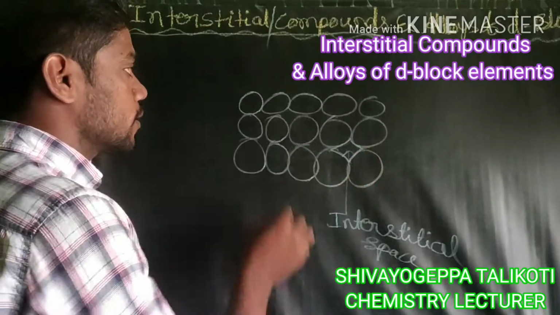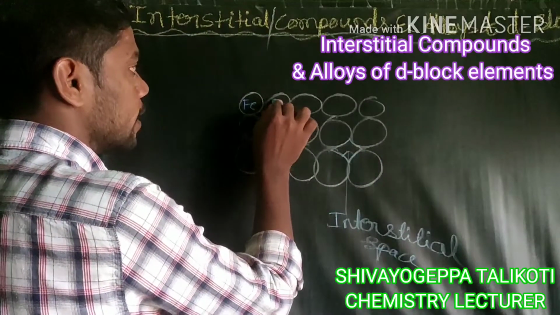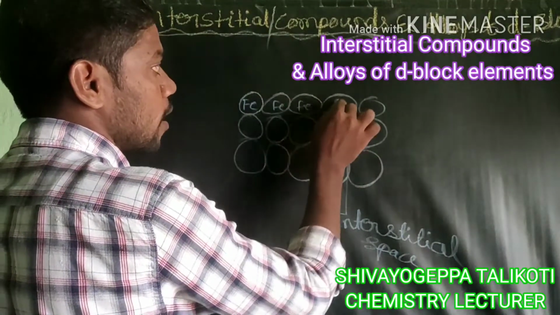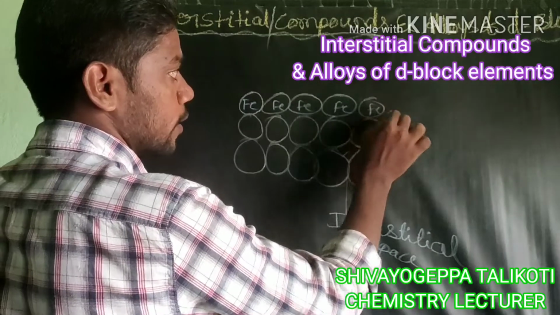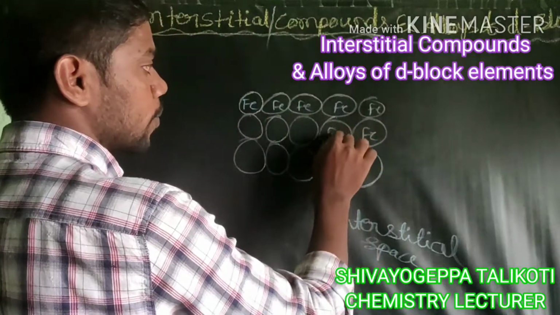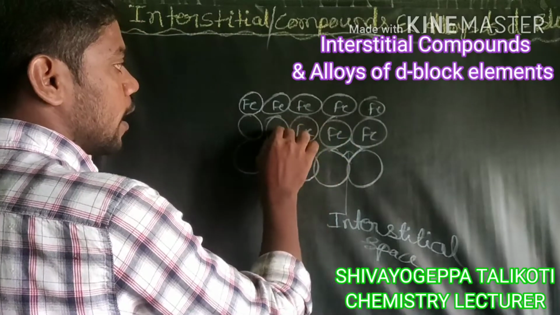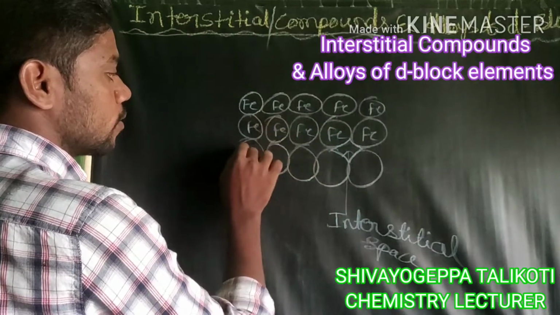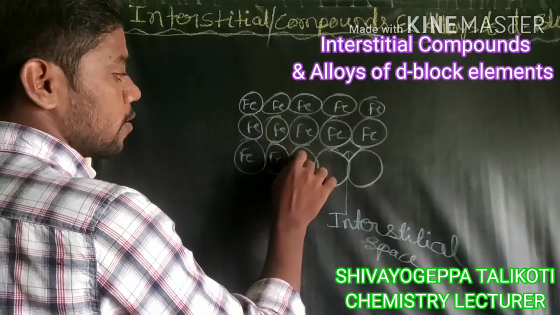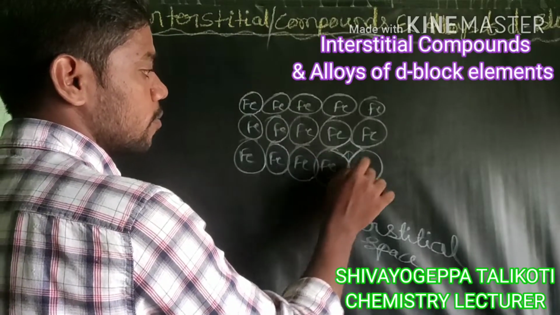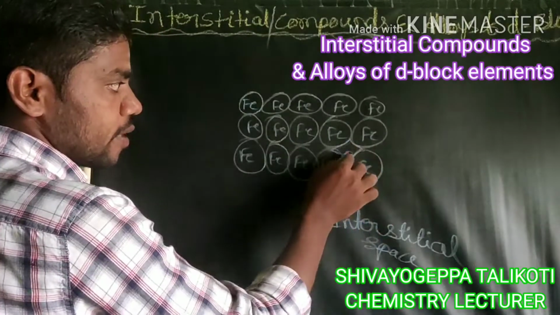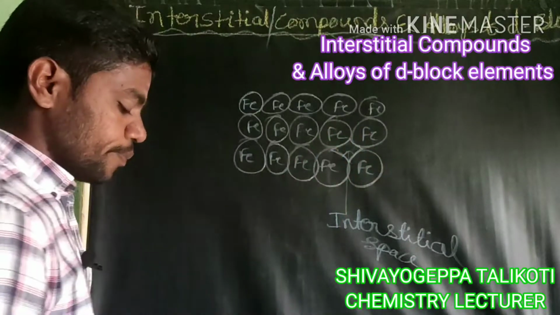For example, take an iron compound, with iron atoms arranged like this. There will be some space between the atoms. This space is called interstitial space.